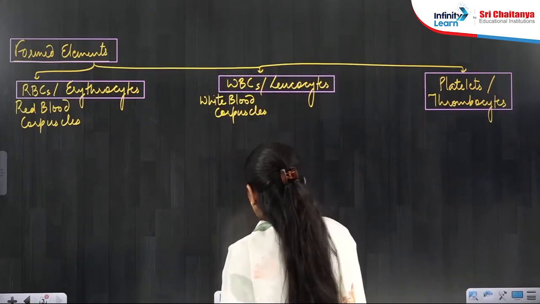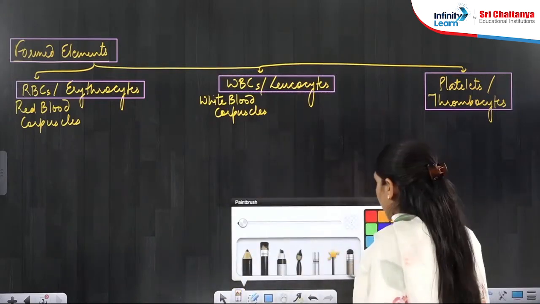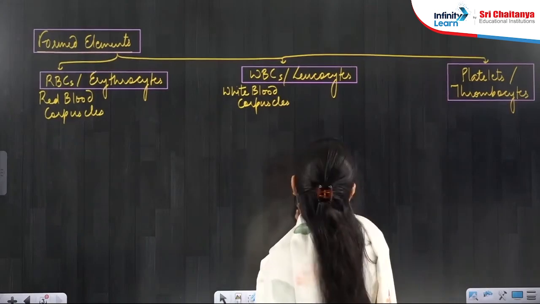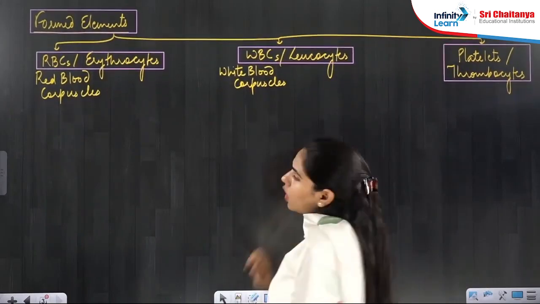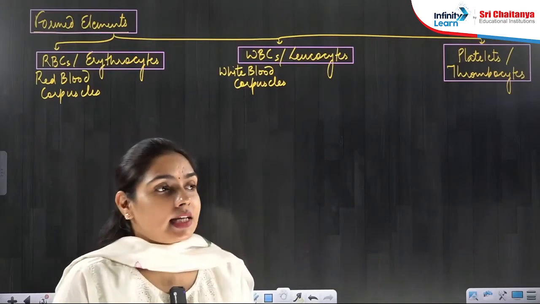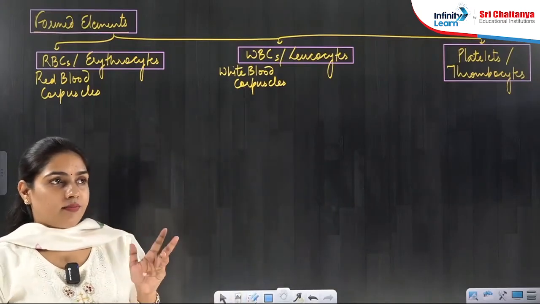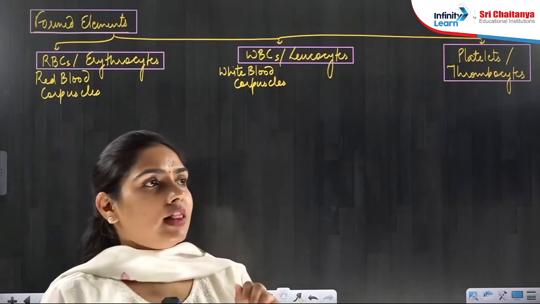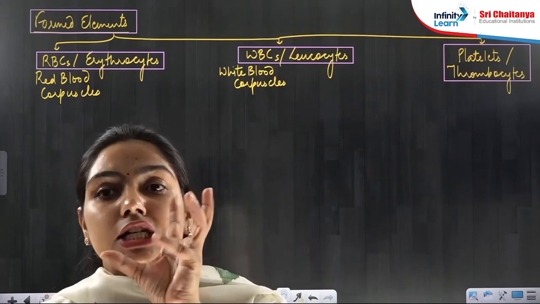Now I will be telling you a few things about all three: RBC, WBC and platelet. Let us discuss first of all the color and the shape.